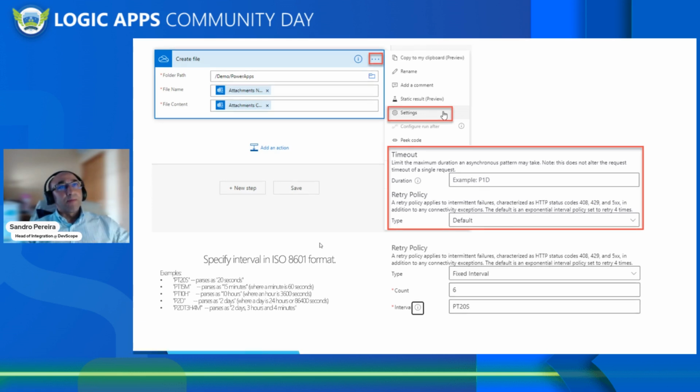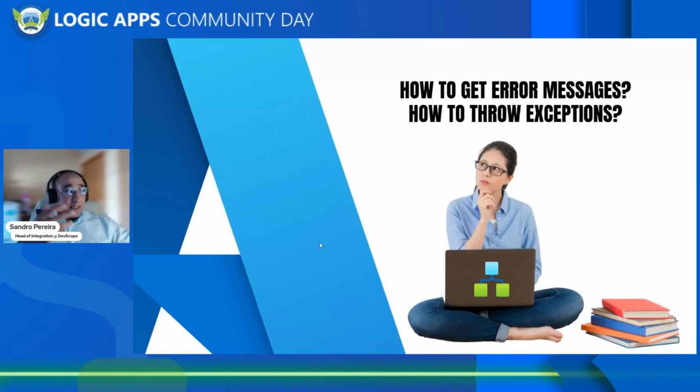Another thing when we control errors is how do we get the error message? Because sometimes we want to know and log the error message in a system to analyze it, and also how to throw custom exceptions.